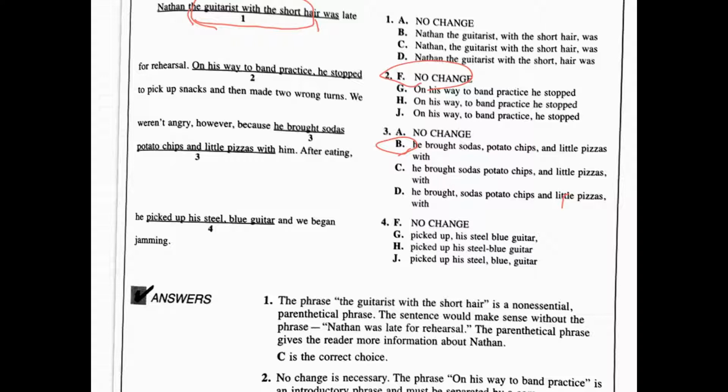What do you have for number 4? H. Yes, H is correct. You want to take that comma out because those are real descriptive words. It's not really listing anything.